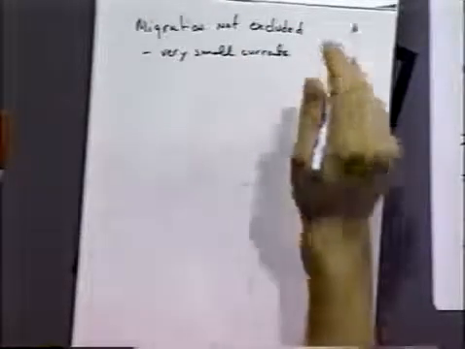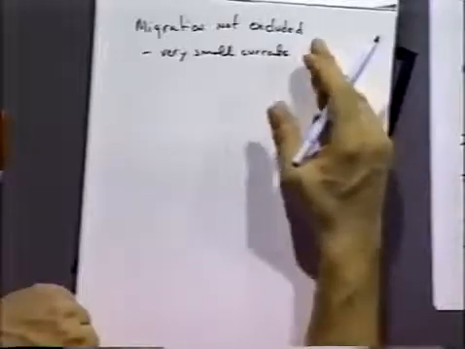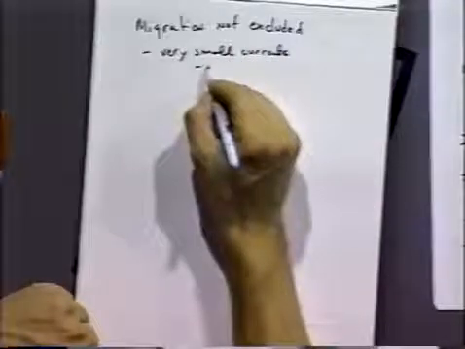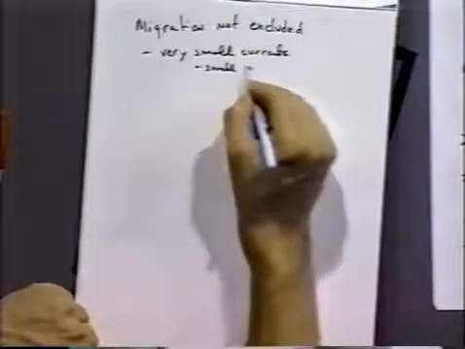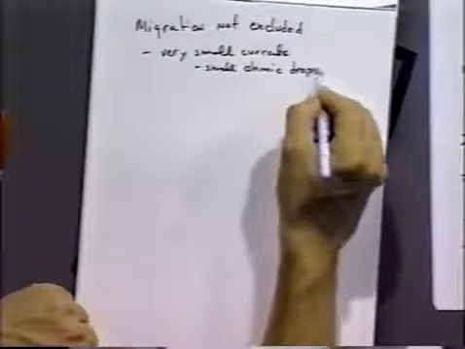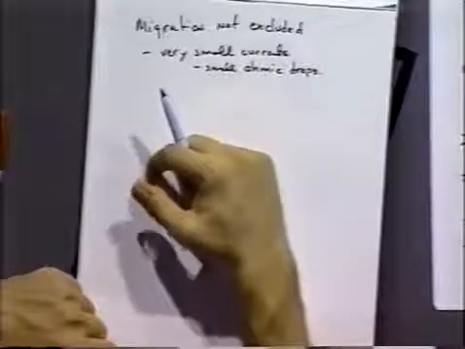In that case, the currents are small enough that the voltage drop due to the solution resistance is very small. So we have small ohmic drops. And that means that we can actually avoid having the supporting electrolyte in the system.